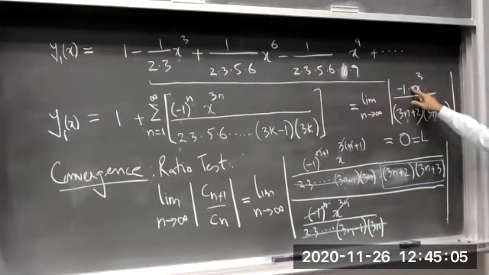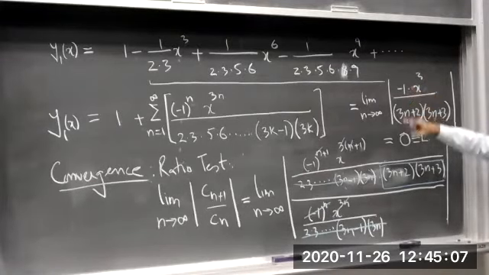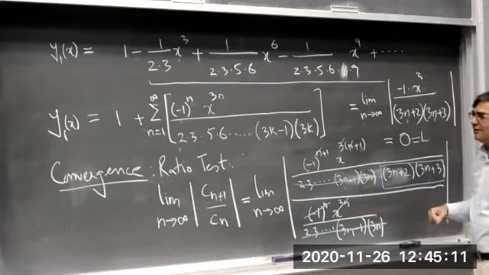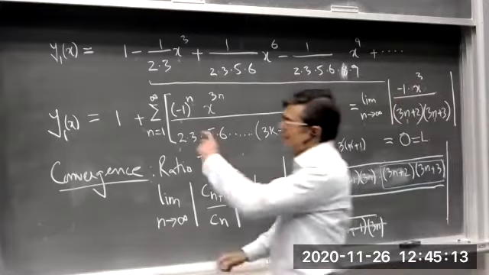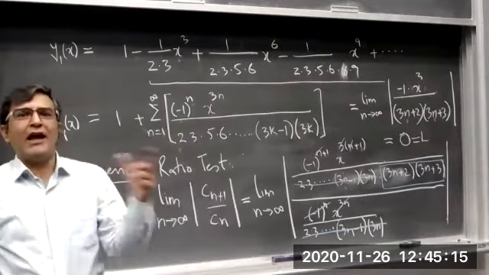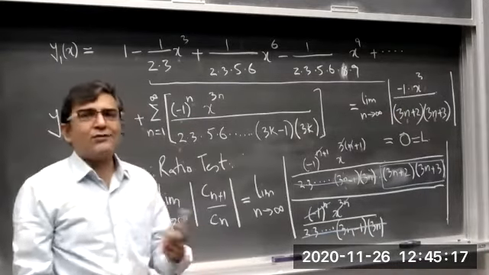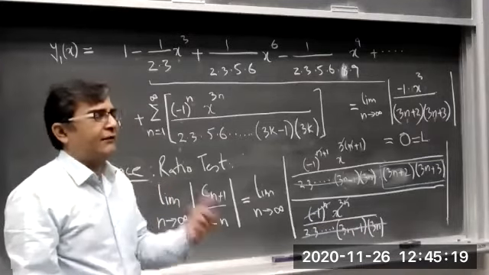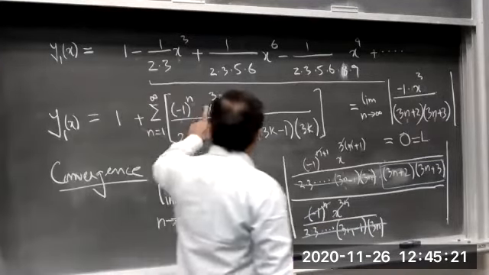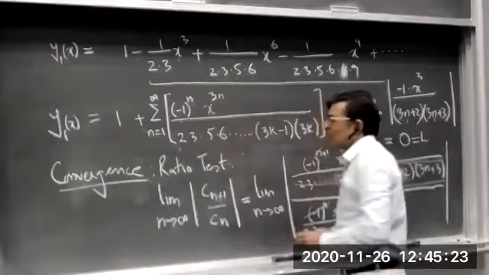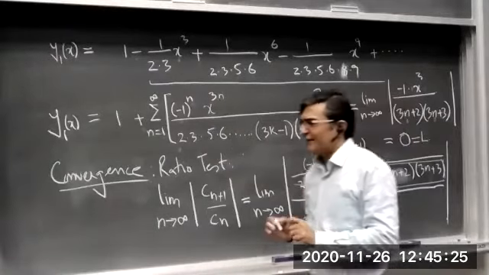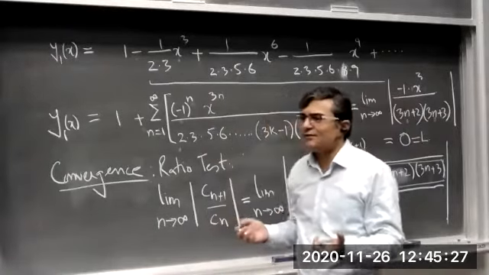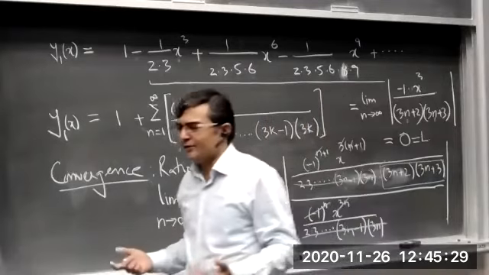If this series is convergent for any value of x, what does it mean? That the given series is convergent for all x belonging to R. R is the set of real numbers. This means the series is convergent for all values of x, that is, all real numbers.